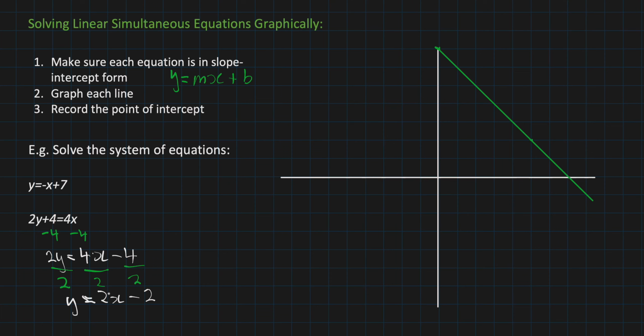So 2x minus 2, that means that, and I'm going to graph it in red. So if y is equal to, our y-intercept is going to be minus 2, 1, 2. And let's say if I substitute x is 3, 2 times 3 is 6, minus 2, we've got 4.